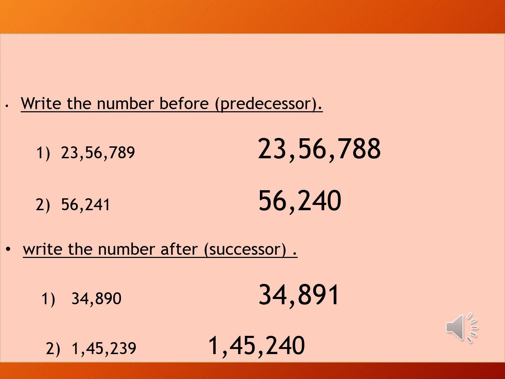Next, we can find the successor of the given numbers. First question, 34,890. Its successor is 34,891. And second question, 1,45,239. Its successor is 1,45,240.